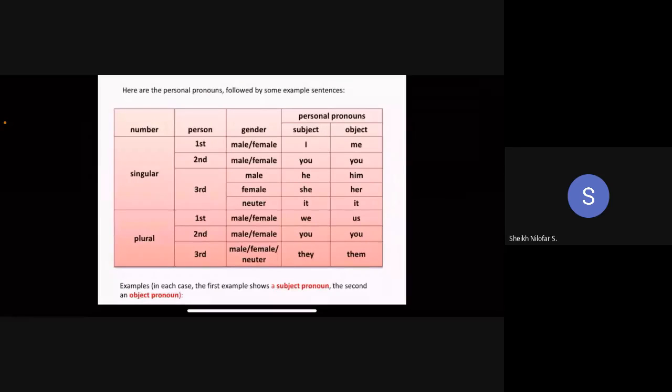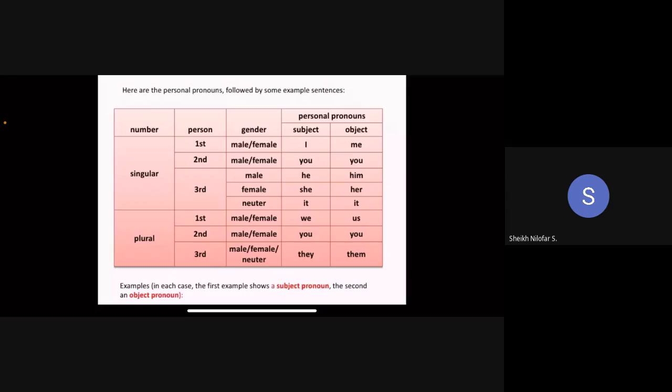Neuter: subject it, object it. Plural: subject we, object us. Subject you, object you. Male, female, neuter: subject they, object them.